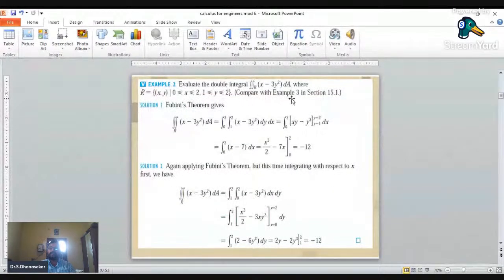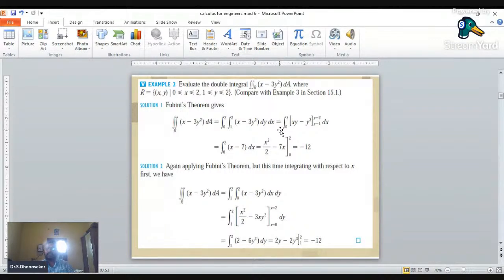Now, let's take this example to solve: double integral over R of x minus 3y square dA, where x lies between 0 to 2 and y lies between 1 to 2. Since they are constants, I can straight away put the limits. That is not a problem for me. So integral 0 to 2, integral 1 to 2, x minus 3y square dy dx.